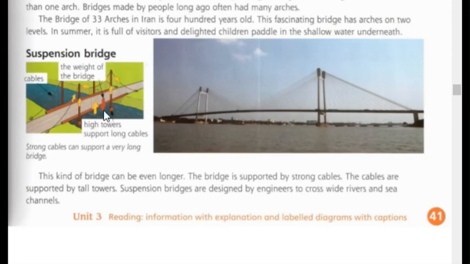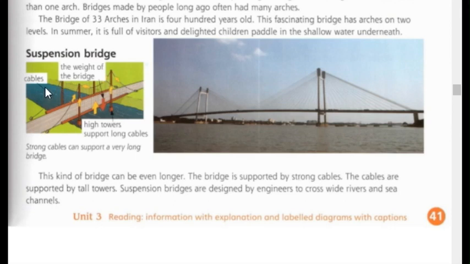And here we have the suspension bridge, which is the third kind of bridge. Look at the cables here and look here at the tower. These cables are long and the tower is tall. These towers are tall. لاحظوا احنا على كلمة tower بنحكي نوصف التاور بانه tall وبنوصف الكيبلز بانهم long.